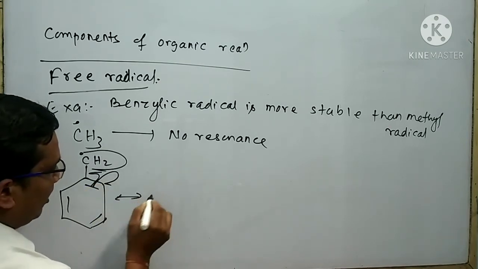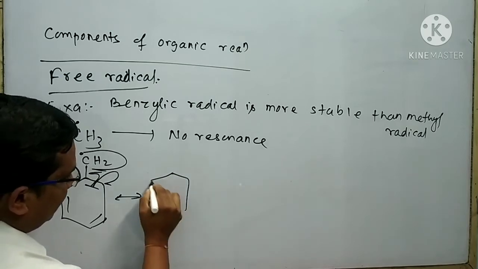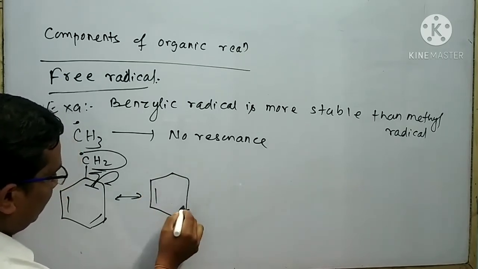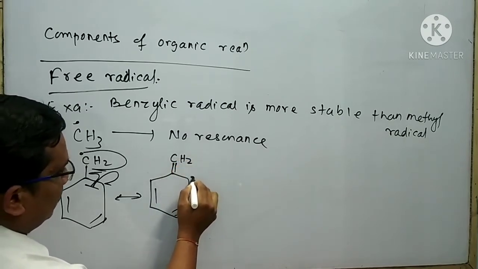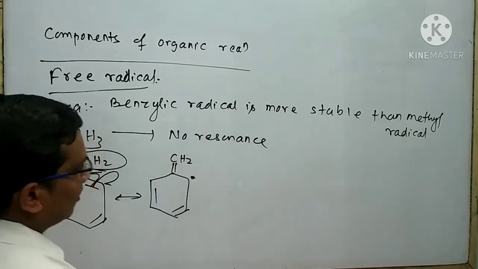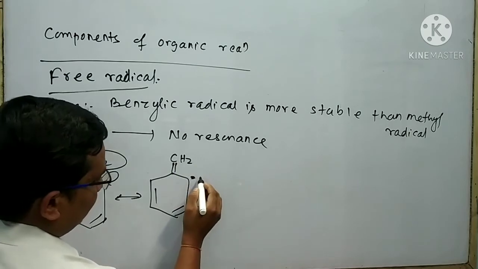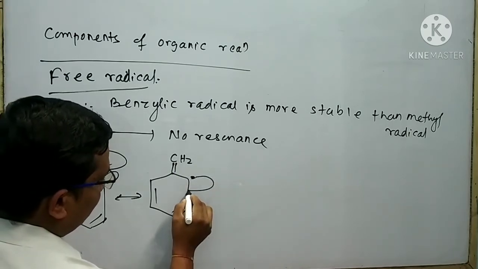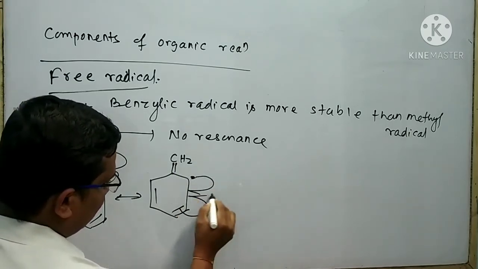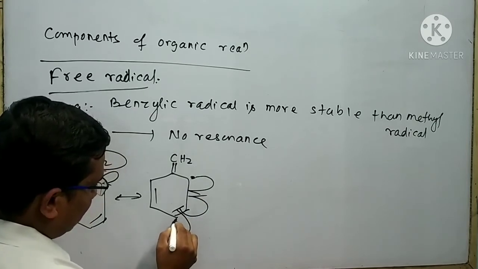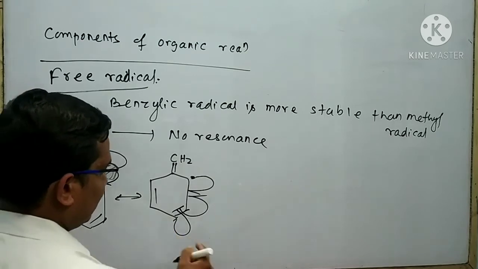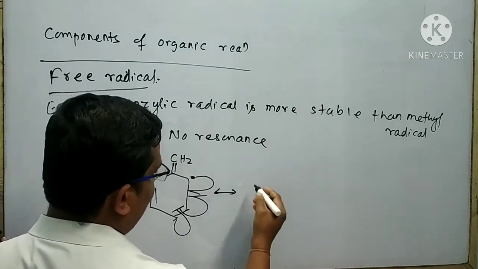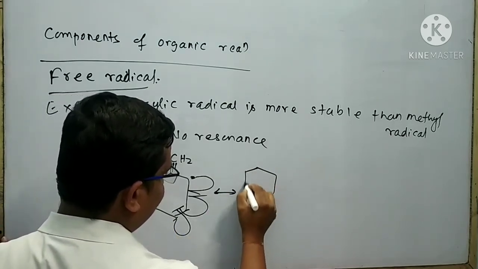I can draw the resonance structure like this. Now this free radical helps in the formation of a double bond here. Now here one free radical is present. I can draw another structure like this.